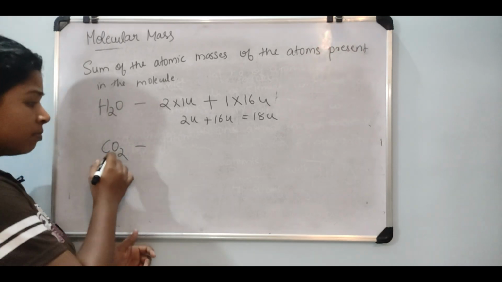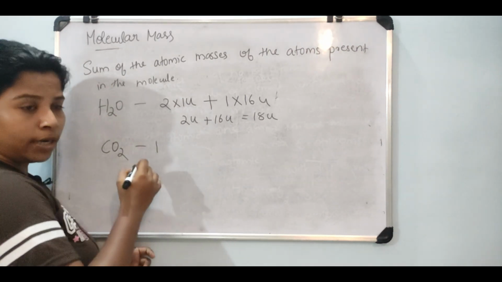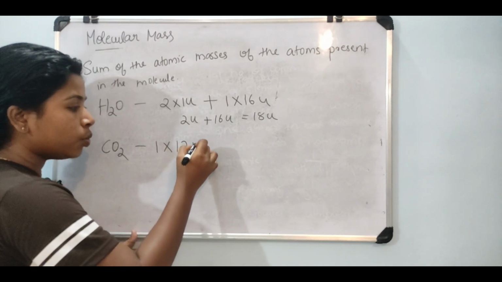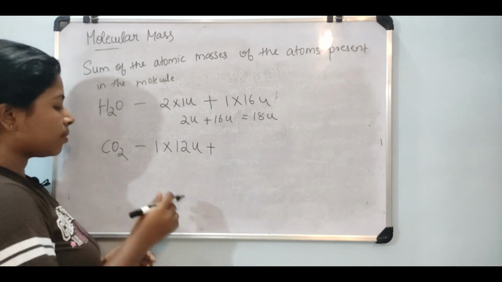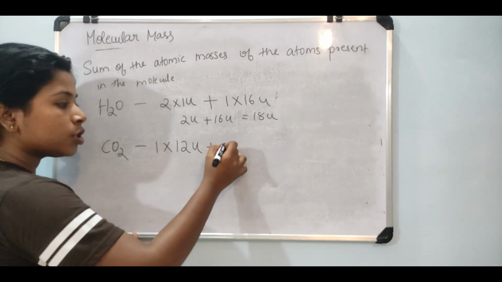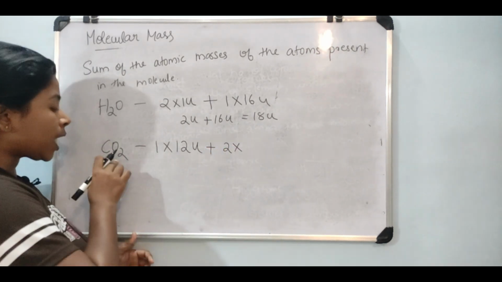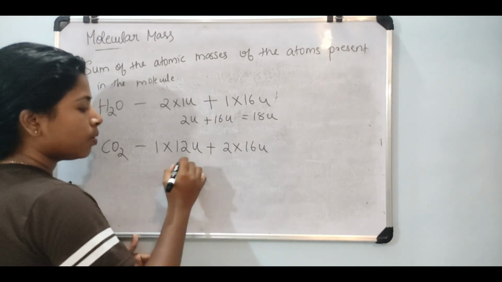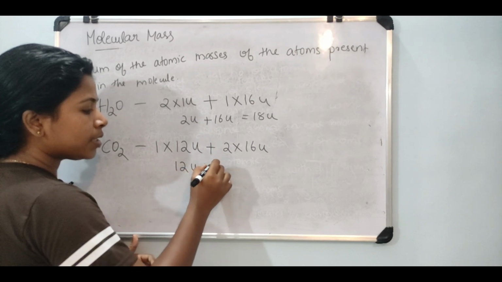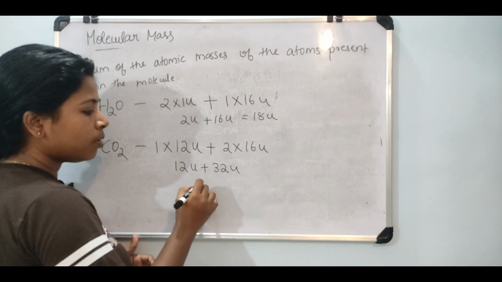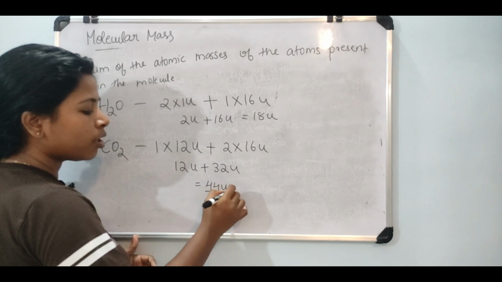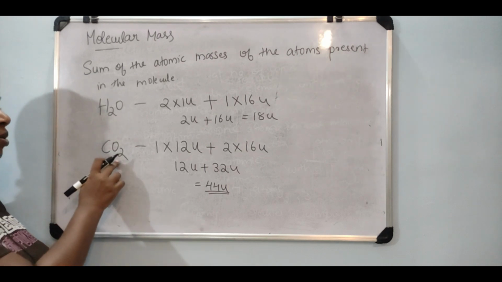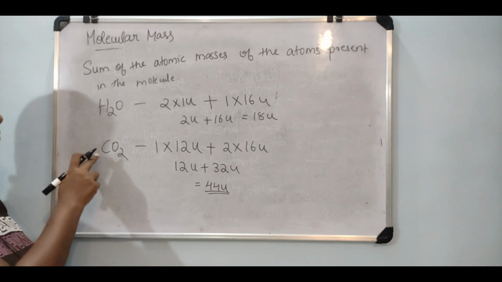How will you find it? 1 into mass of 1 carbon, 12U, plus how many atoms of oxygen? 2 into mass of 1 oxygen, 16U. 12U plus 32U equal to 44U is the molecular mass of carbon dioxide. See, you have to learn by heart the atomic masses of different atoms.